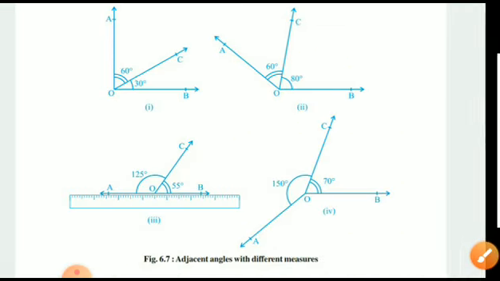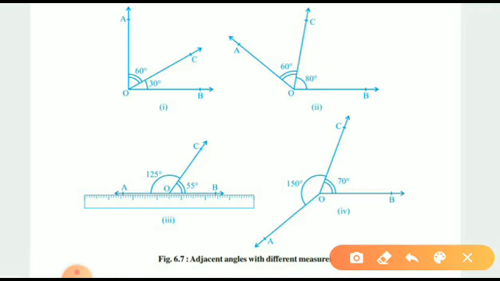Clear? Now see here, four angles I have drawn. Just check which pair is a linear pair. Is angle AOC and COB a linear pair? No. They are adjacent angles but they are not a linear pair.